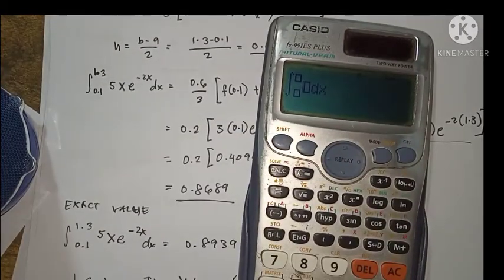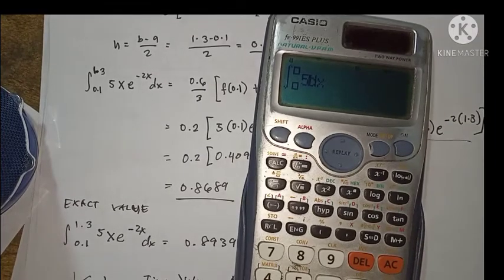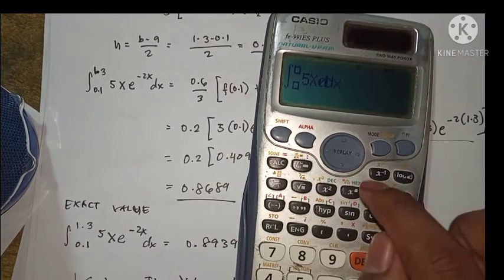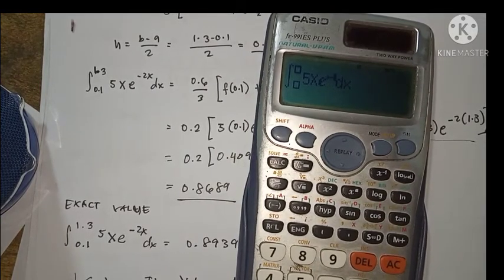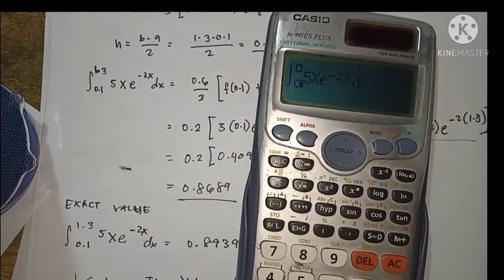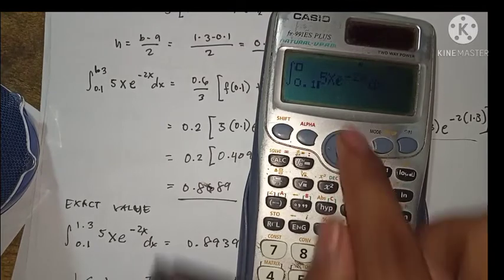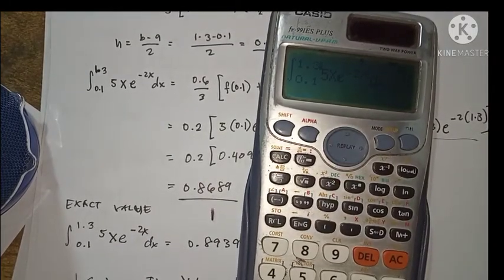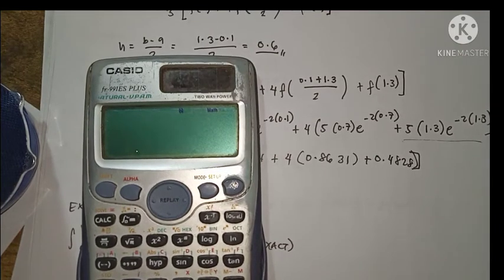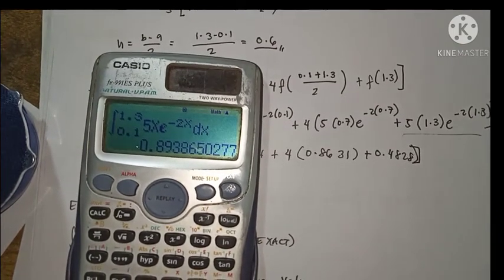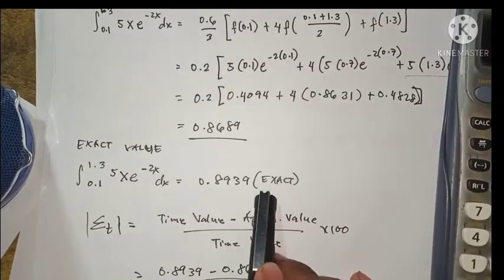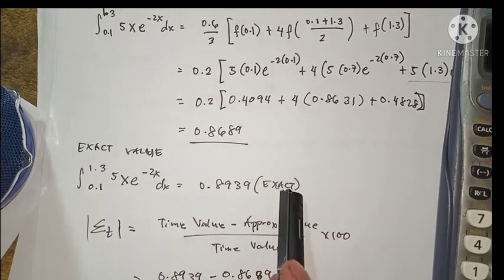So 5 times the antiderivative of xe raised to negative 2x. The lower limit is 0.1 and the upper limit is 1.3, and the result equals 0.8939. This is the exact value.